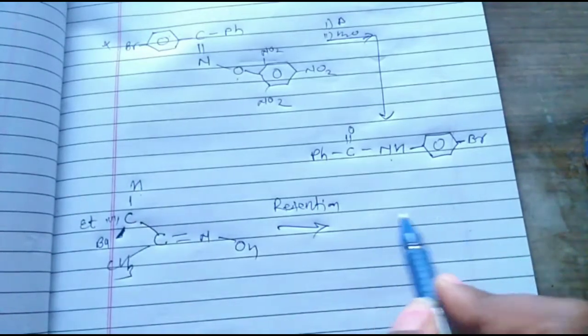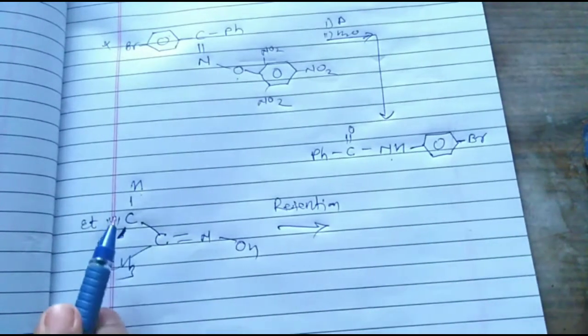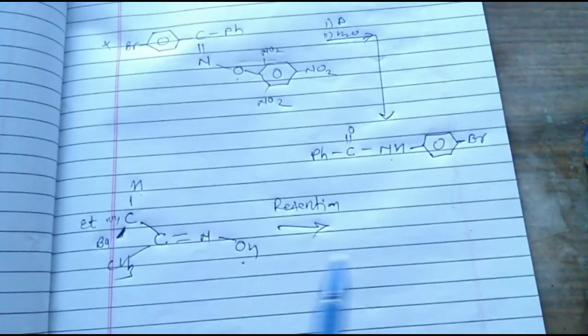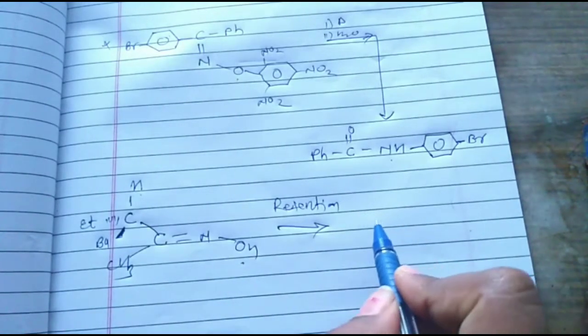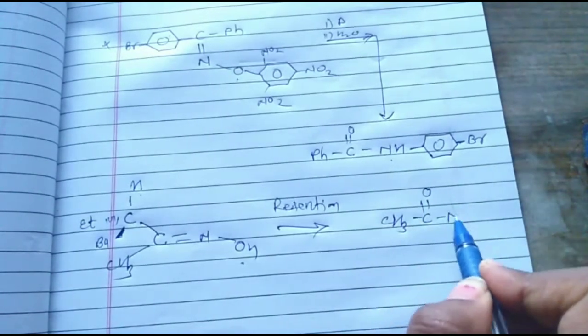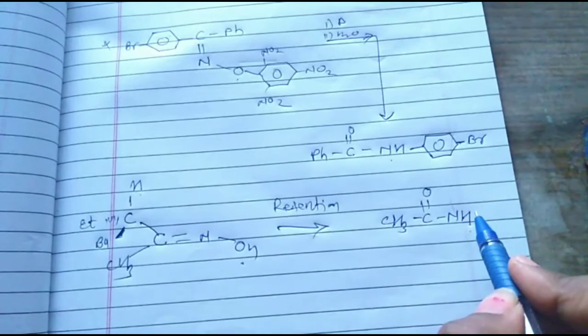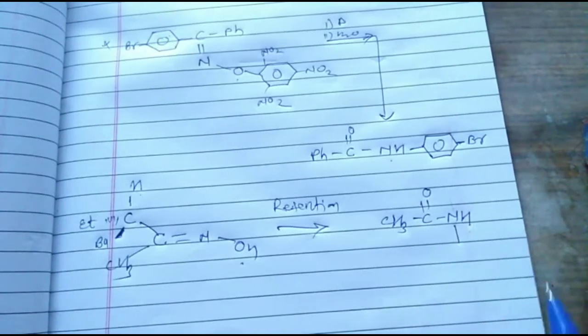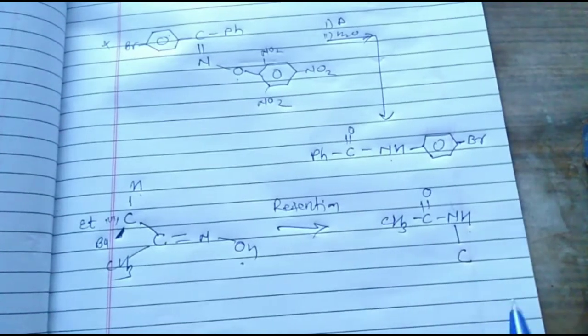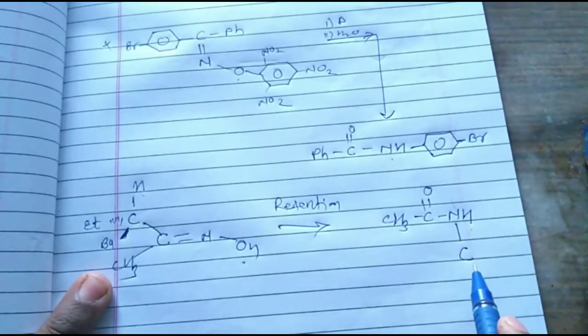Then we get the product, where this group is anti to this OH, and that's why we get the product in this manner, that is CH3 C double bond O NH, and here there is a chiral carbon attached, and this chiral carbon has retention of configuration.